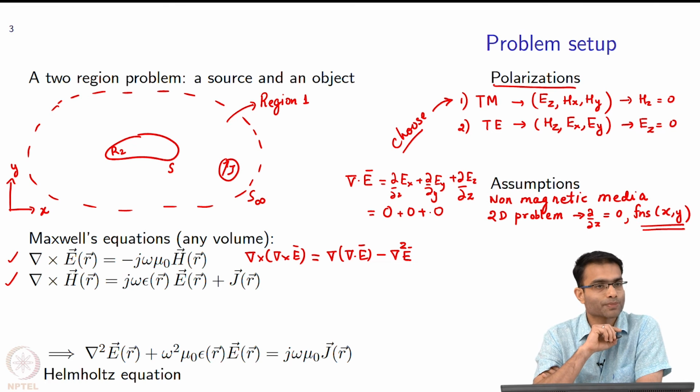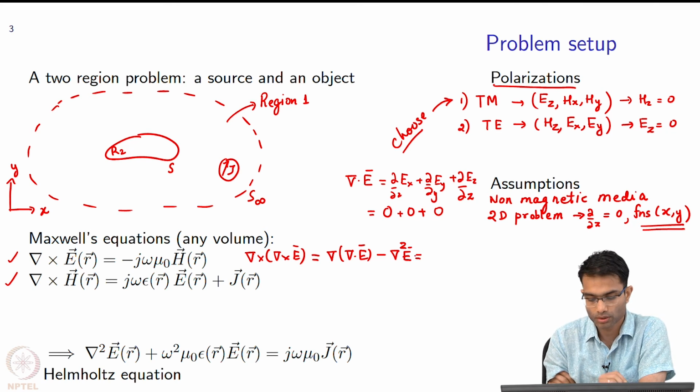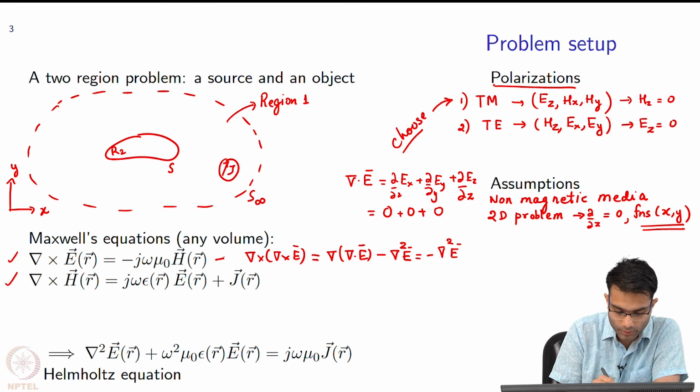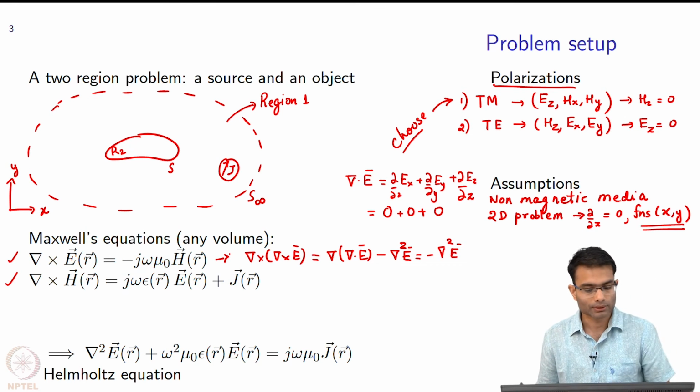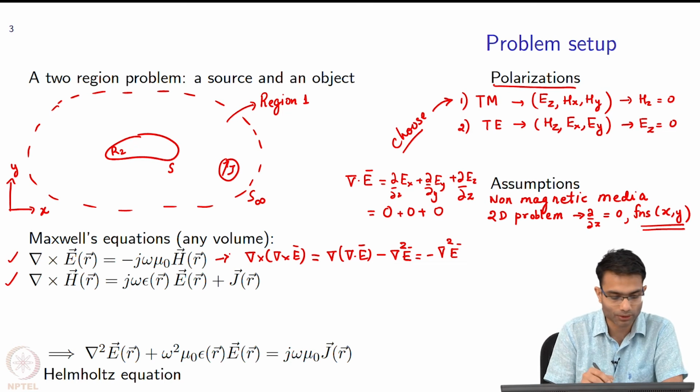So, that is great for us, because what happens to this curl of curl of E that I have written over here? Only one term survives, right. The divergence of E goes to 0. So, I have a minus del squared E. Now, I can substitute this. I took the curl on the left hand side.